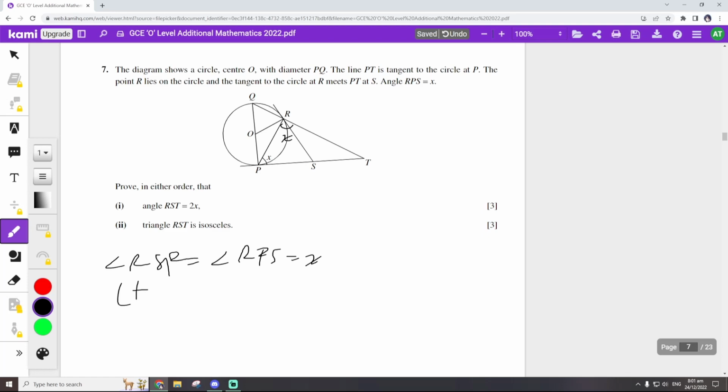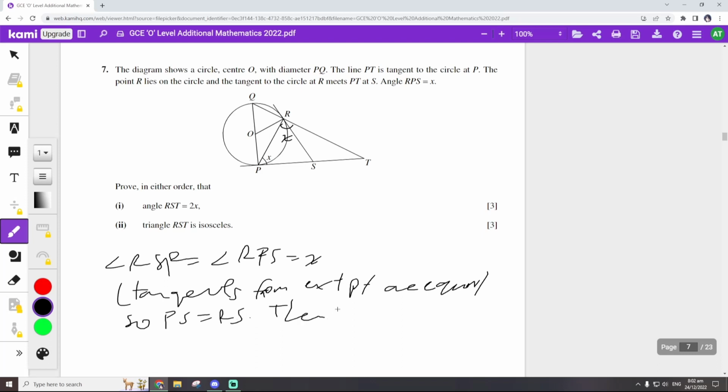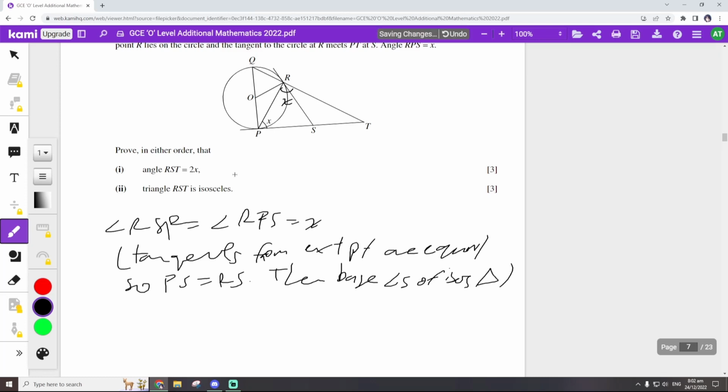First, tangents from an external point are equal, so PS equals RS. Then you use the base angles of an isosceles triangle. Okay? And therefore, angle RST is 2x because the sum of the two interior angles equals the exterior angle.